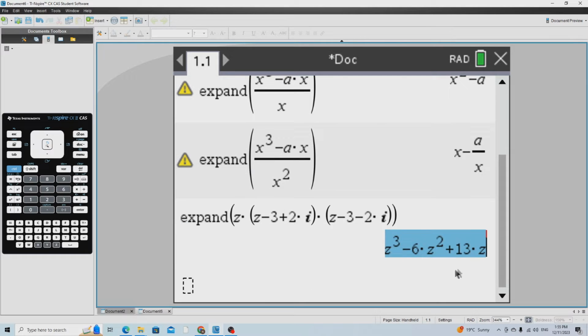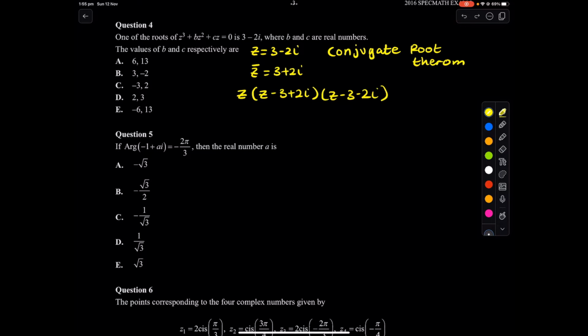Expand that. Aha, beautiful expression. So your actual value of b is negative 6 and your value of c is 13. Let's write that down: b is negative 6 and c is 13. So that gives you the answer E.